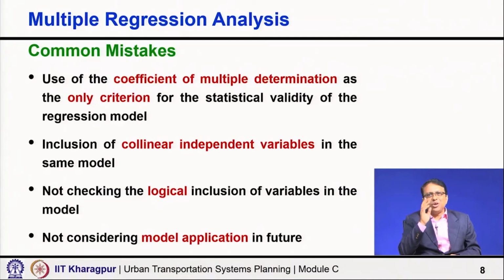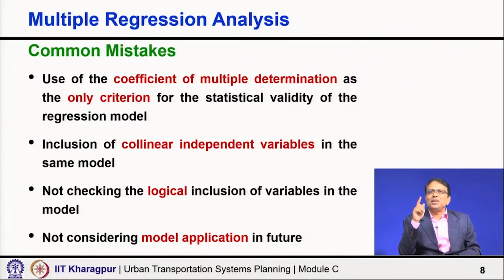Ultimately, it is not only for multiple trip generation modeling, it applies anywhere. Any modeling you are doing, you are using explanatory variables. Please think that unless you are able to forecast these explanatory variables reasonably accurately, you need to forecast these independent variables first.